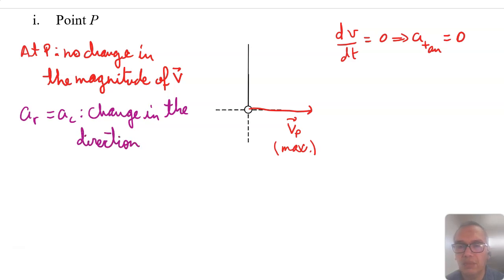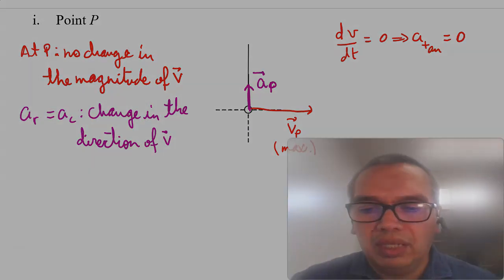Now, this centripetal acceleration is along the radius of the circular path, and so this will be the acceleration at point P. Notice how the acceleration is completely perpendicular to the velocity, which is always what causes the velocity to change direction. So that is the motion vectors of the ball at point P.